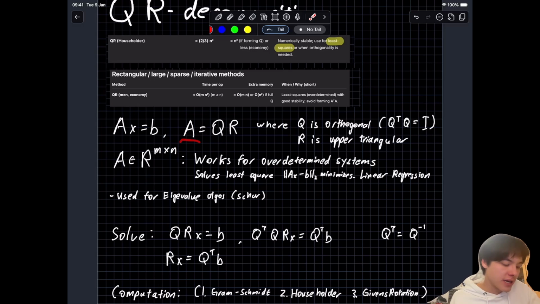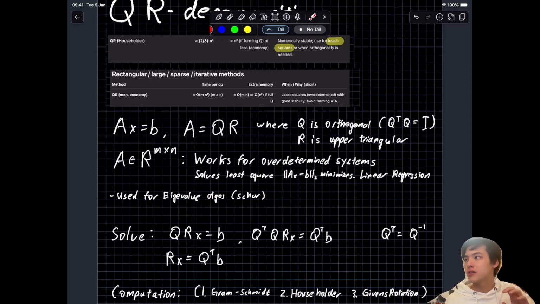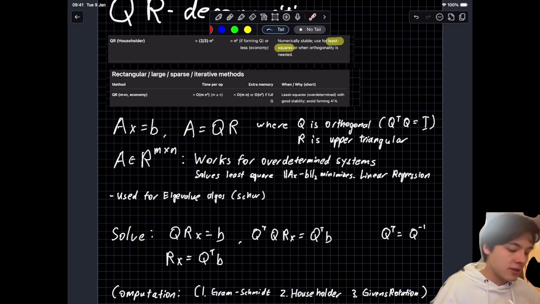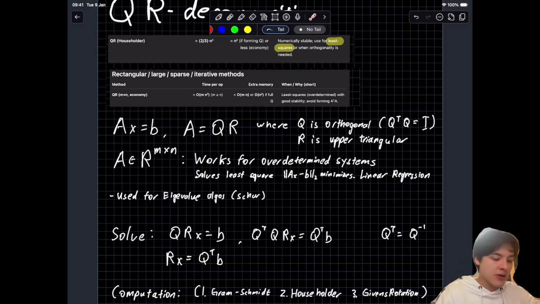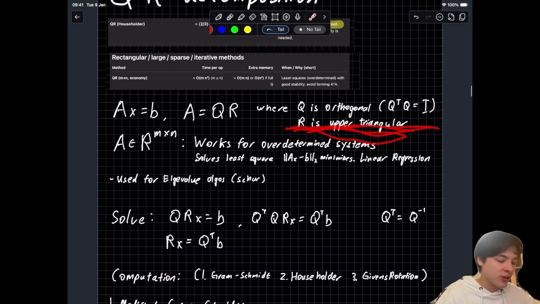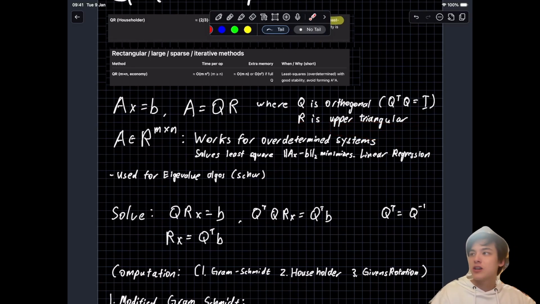We turn A into QR, where Q is an orthogonal matrix. That means it just rotates, does not scale, so the angles are kept. And then we have an upper triangular matrix for us to easily solve.